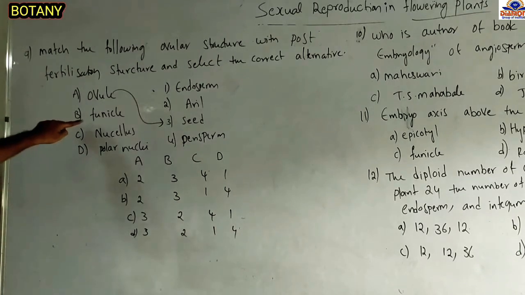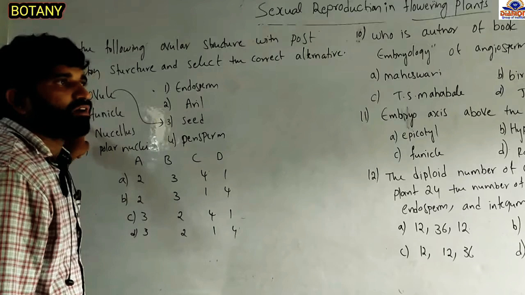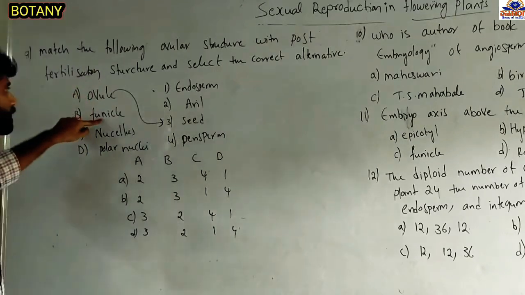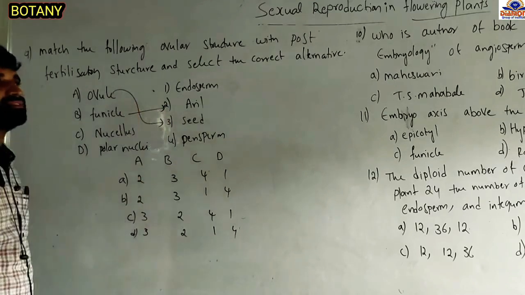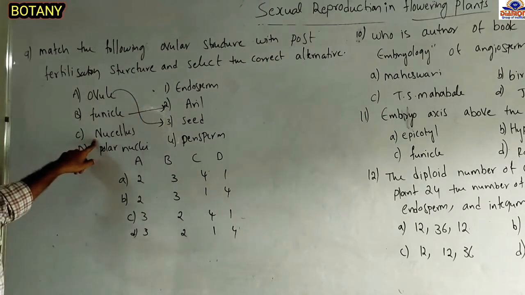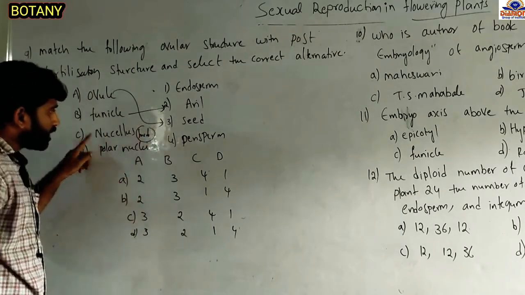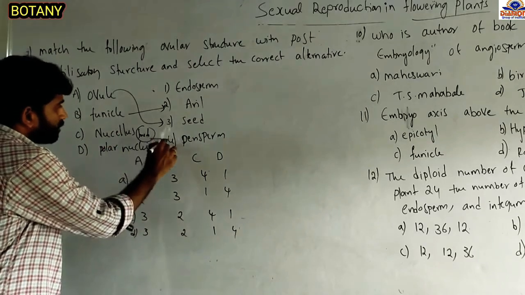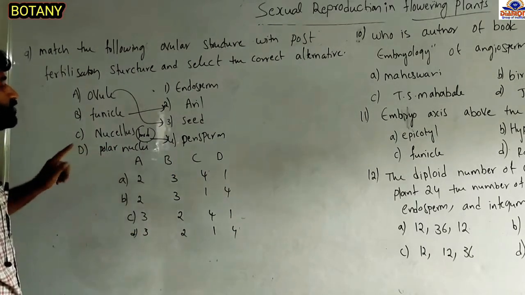Option B, funicle. The funicle is the stalk of the ovule, and after fertilization it can act as an aril, like a third integument. Nucellus: after fertilization, the nucellus tissue is helpful for storage of food materials. The persistent nucellus is called perisperm.